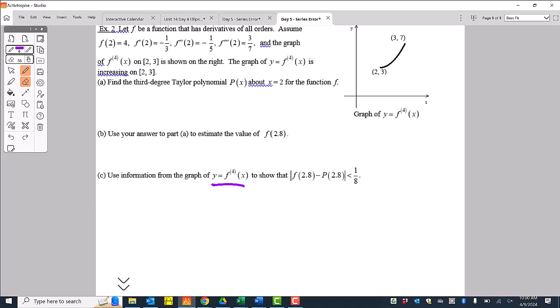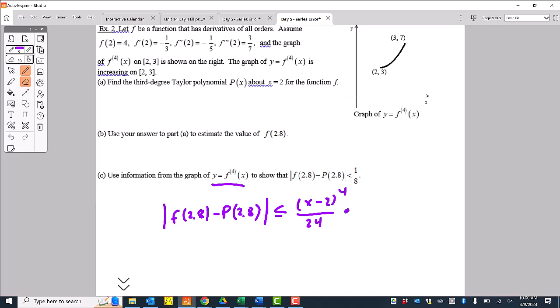Well, we said it's not alternating, so we have to use Lagrange. So since it's the fourth derivative, we know that our next term would be x minus our center to the fourth over 4 factorial, which is 24, times, and then the maximum of this fourth derivative.